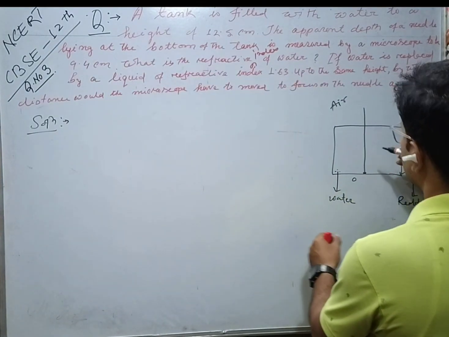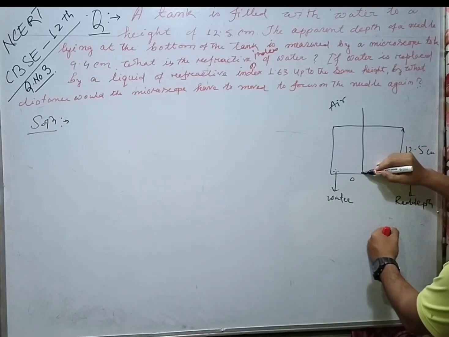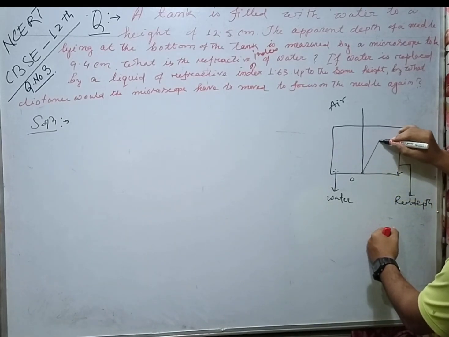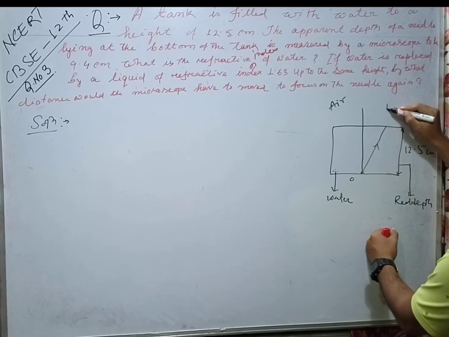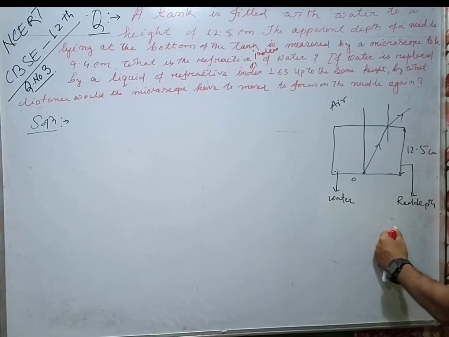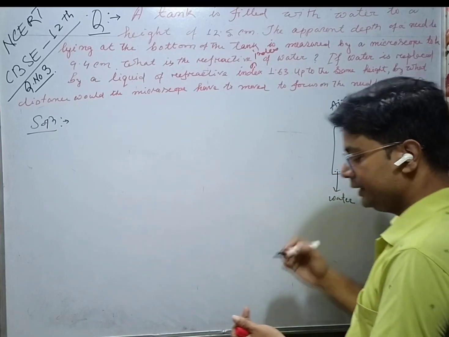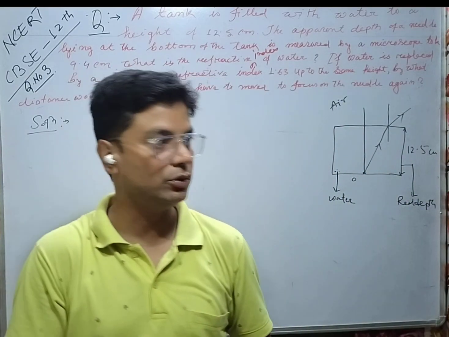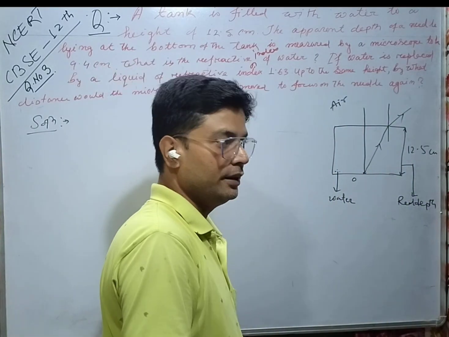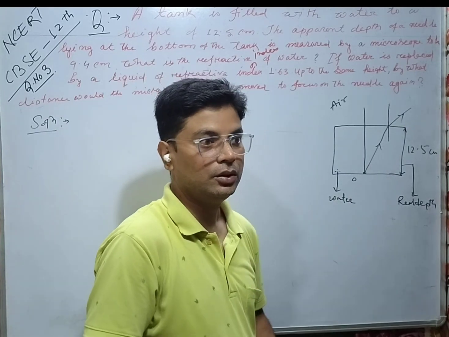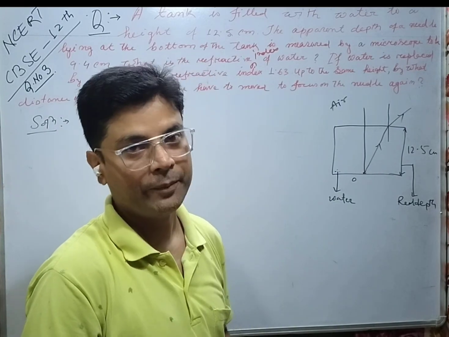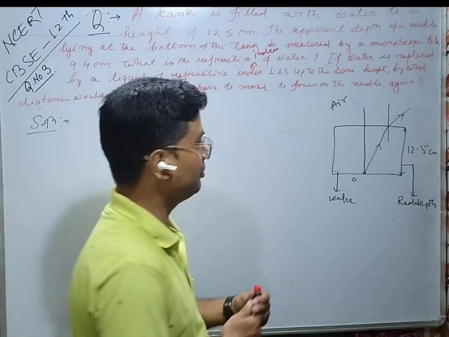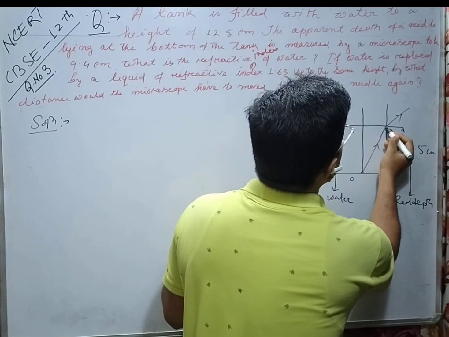Now, when I consider a ray that diverges, this ray goes from the denser medium into the rarer medium. After refraction from the denser medium to the rarer medium, the ray goes away from the normal, producing this ray.